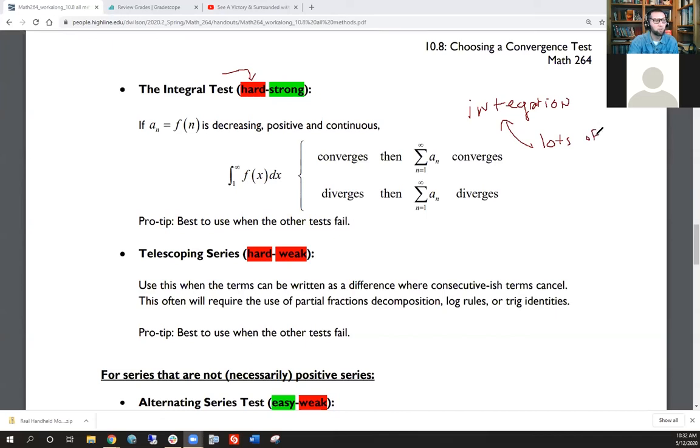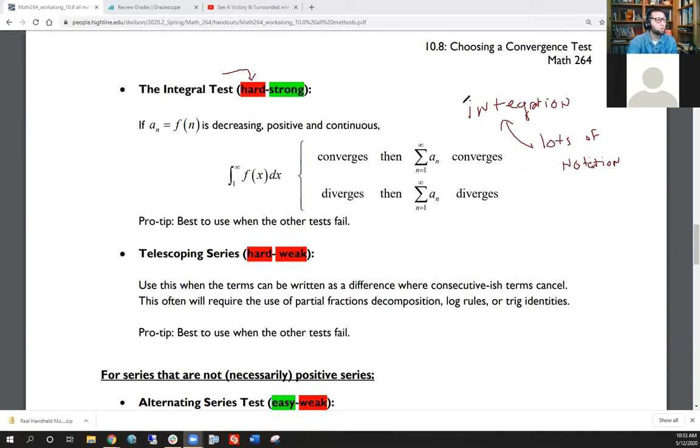Don't forget those dx's. If you use substitution, you have to change your limits of integration. Oh, this is an improper integral, so now you have to include limits. There's all kinds of notation involved, even with simple integrals. There are times when we need the integral test, but in general, I would encourage you to avoid it if one of those other tests works.